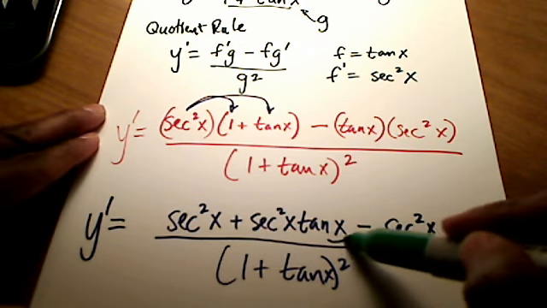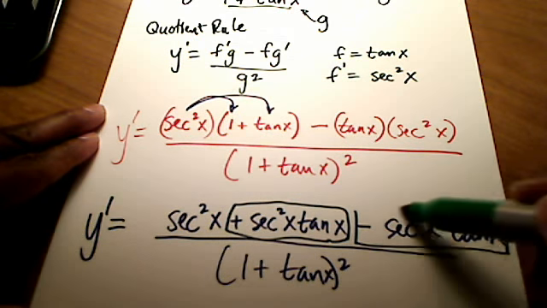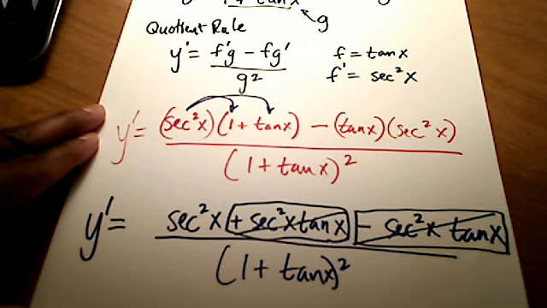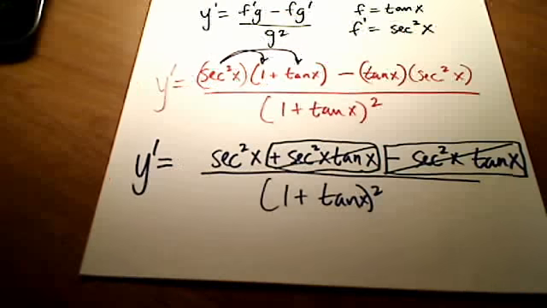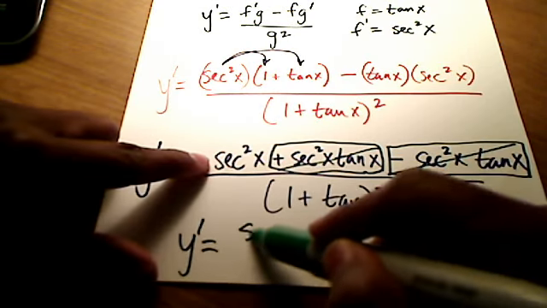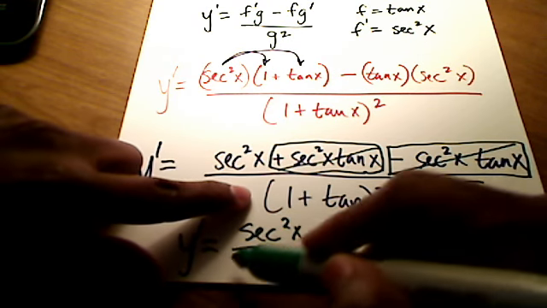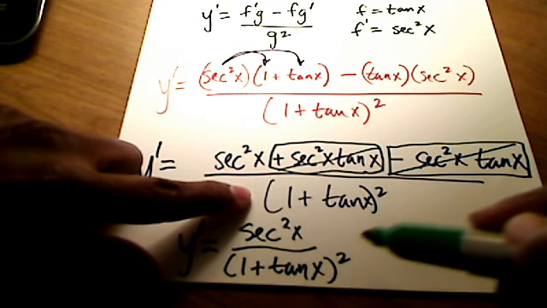Since one of them is positive and the other is negative, they cancel each other out. They're completely gone. So my final answer for this derivative is, in the numerator, secant squared x, and in my denominator, quantity 1 plus tan x squared.